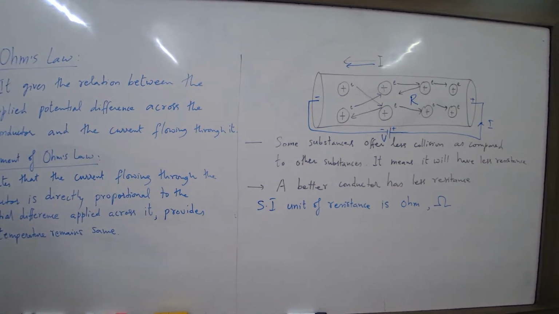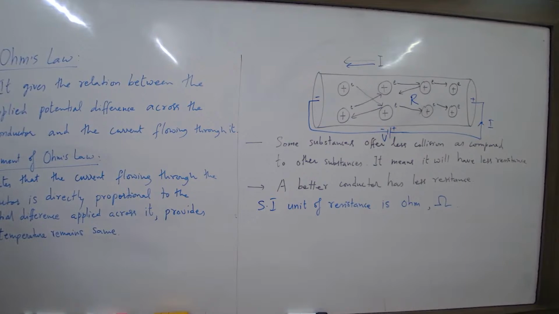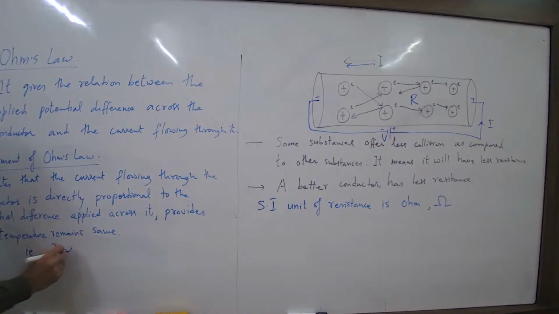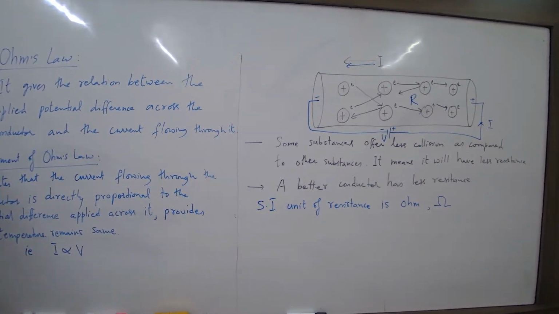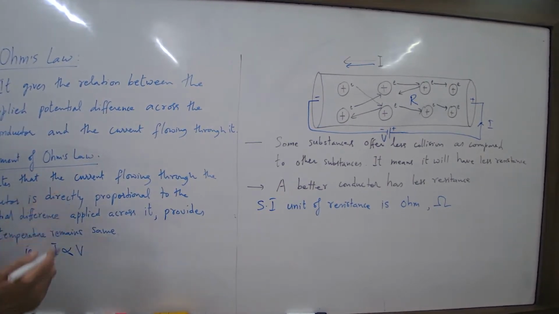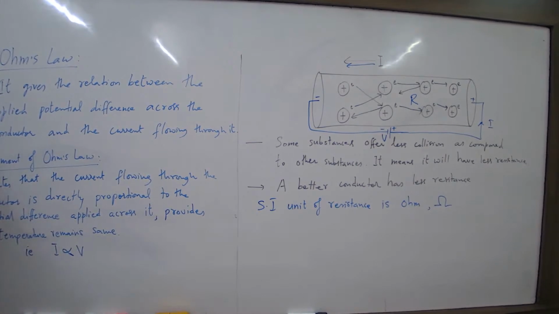So as long as the temperature of the conductor does not rise, the applied potential difference will lead to an increase in current. That is, I is directly proportional to V. This is Ohm's law. Meaning, if we increase this voltage, the current should linearly increase.